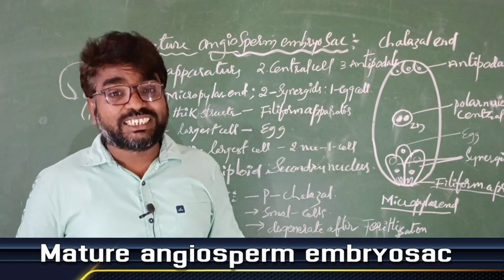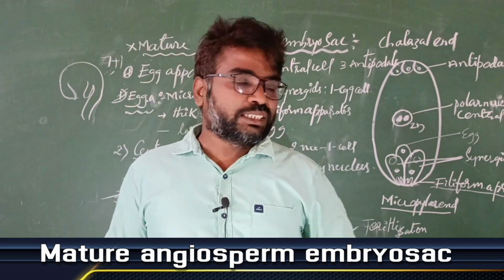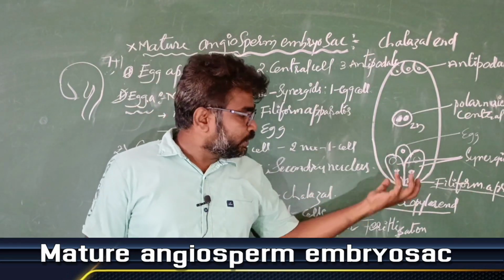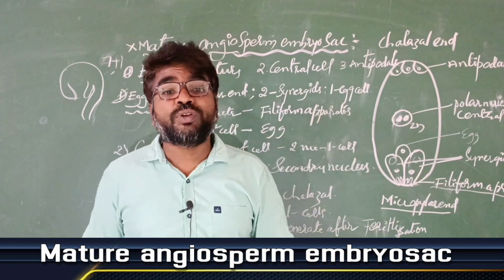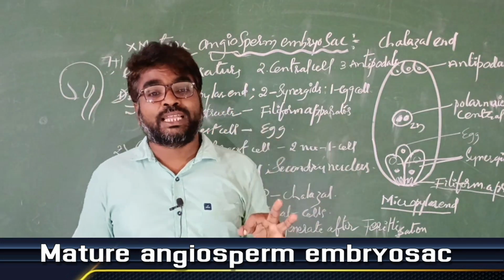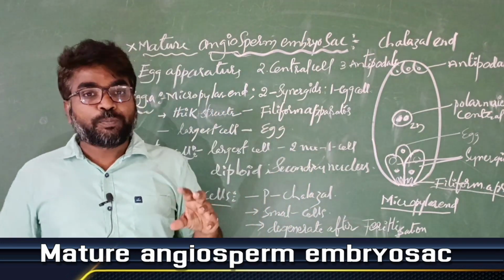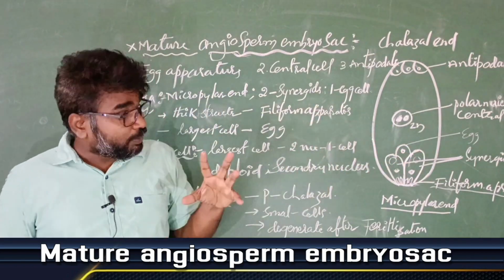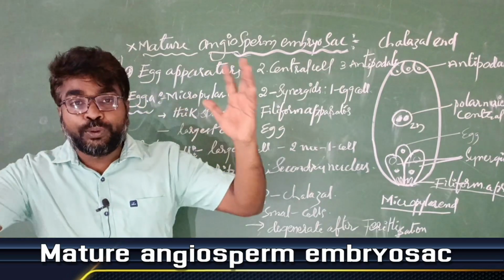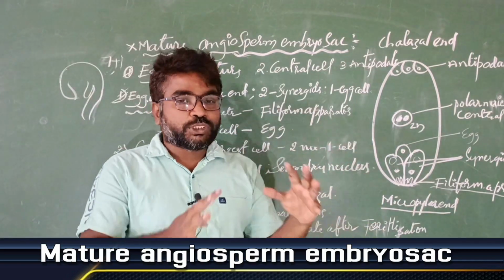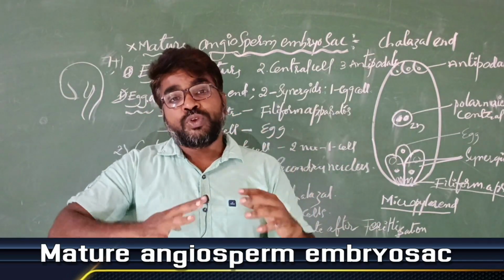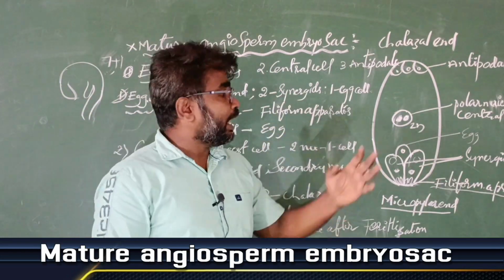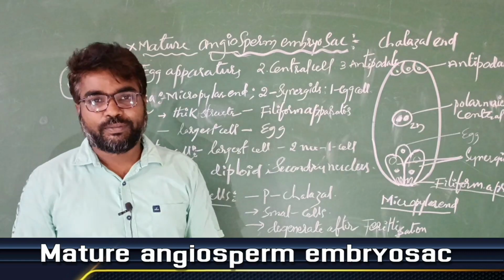Role of synergid cells. What is the role of synergid cells? Here two synergid cells are there. These two synergid cells are mainly helpful in nourishment. They absorb nutrients from the nucellus into the embryo sac.